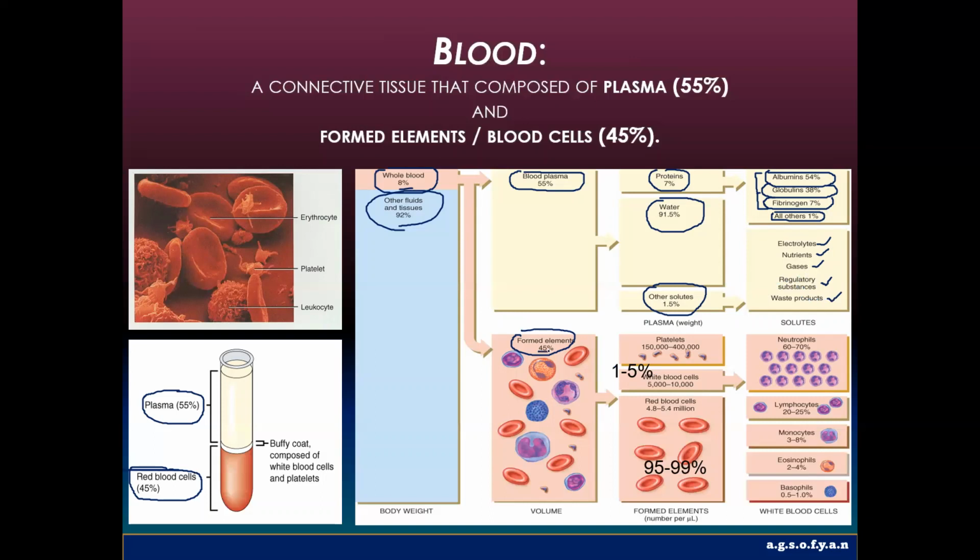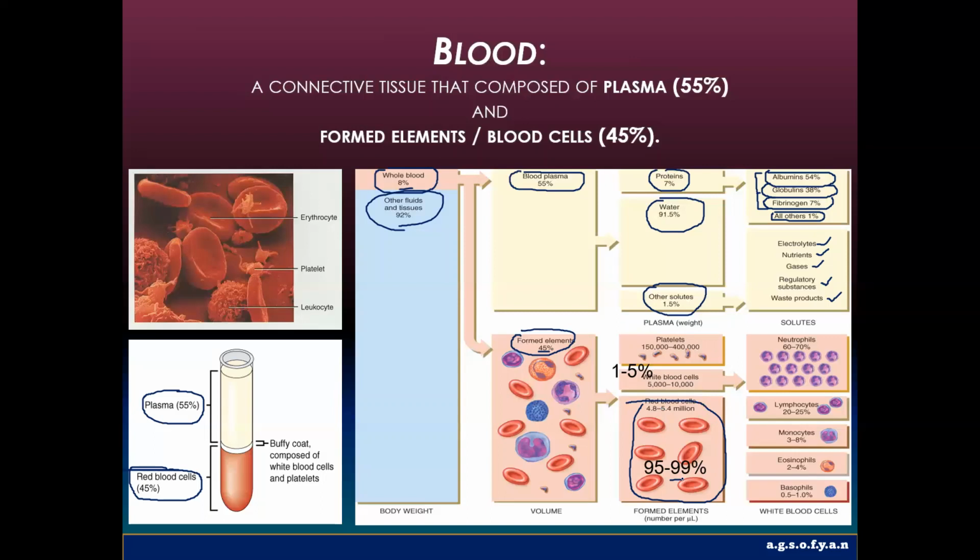45% is formed elements. Formed elements mean cells. So when you talk about formed elements in the blood, it means the cell components of the blood, which consist of red blood cells, platelets, and white blood cells. The red blood cells are about 95 to 99%.